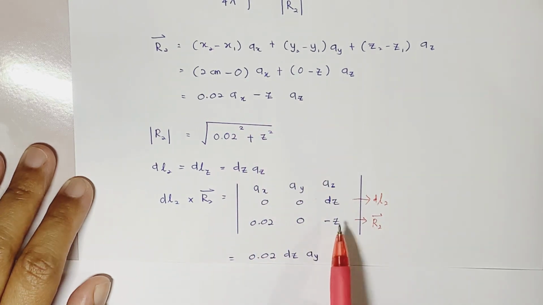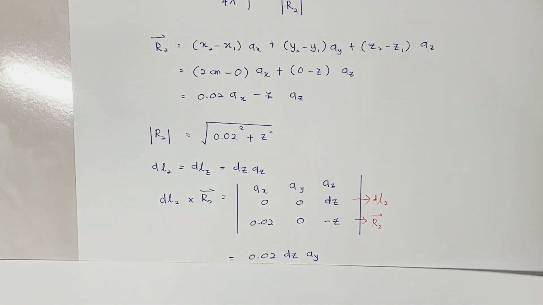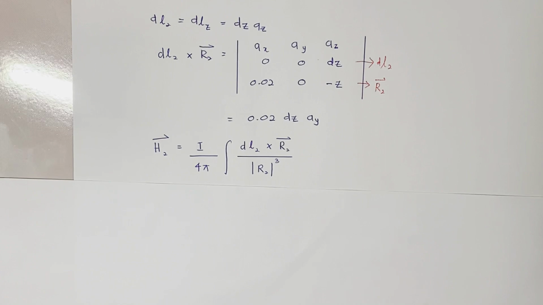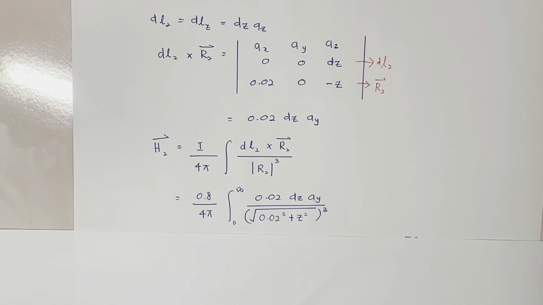After you solve it, you will get 0.02 dz ay. Now for H2, you have all the values, and you just need to substitute into the original equation of H2. Don't forget to substitute I equal to 0.8 ampere, given in the question.